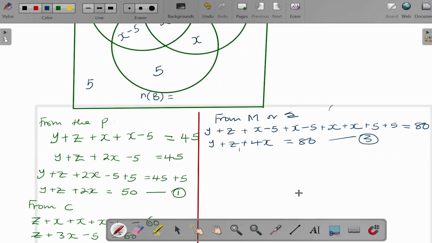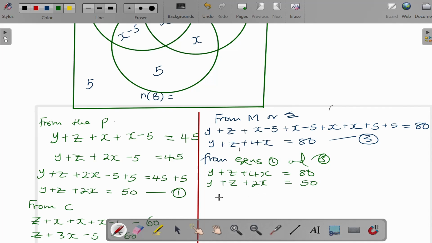Then let's use equation 3 and equation 1. We are going to solve these 3 equations simultaneously. So from equations 1 and 3, we are having Y plus Z plus the 4X equaling to 80. So then from equation 1, we are having Y plus Z plus the 2X equals to 50.